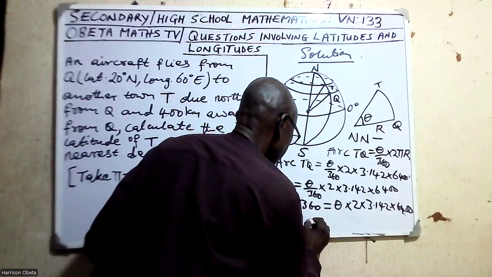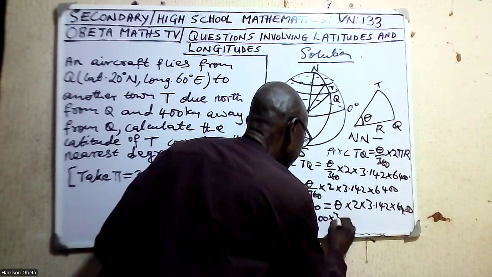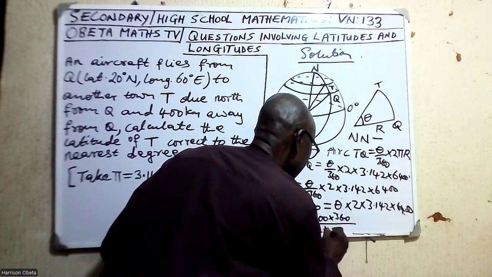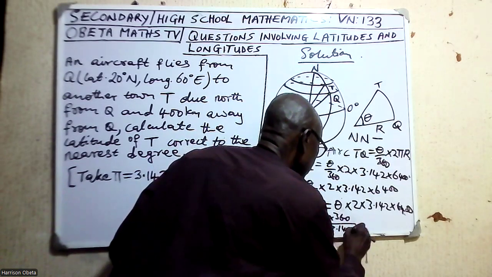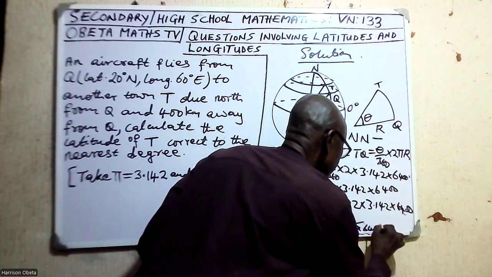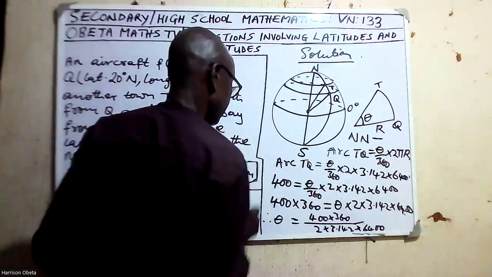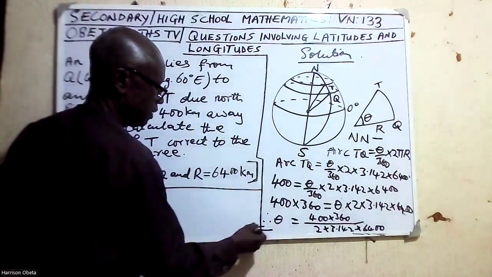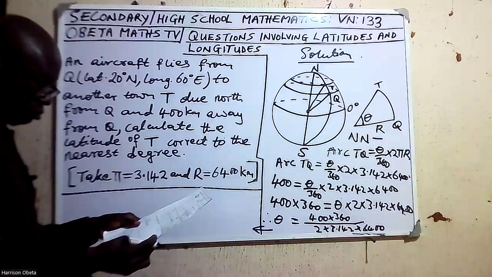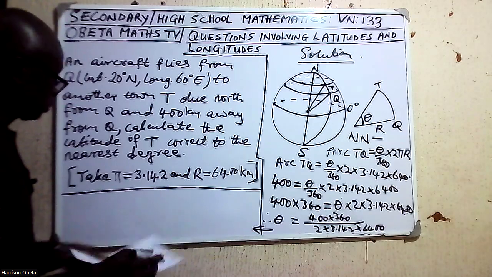That should be 400 times 360, we are dividing by 2 times 3.142 multiplied by 6400. Now coming back from here to this place, you multiply out, you are going to have 144000.